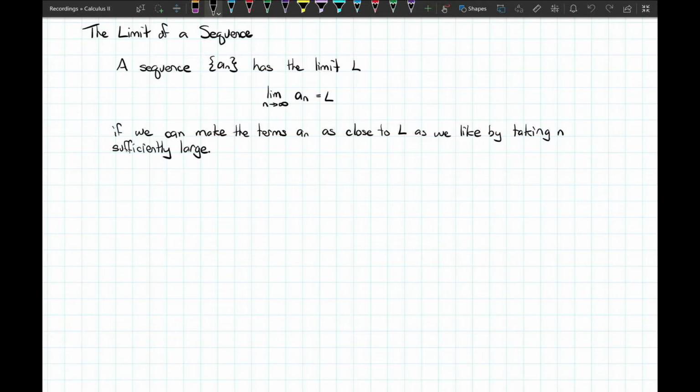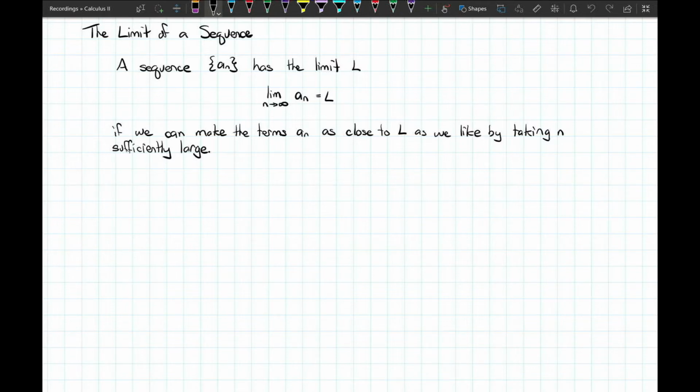And since we're really referring to infinite sequences here, we're going to be taking the limit as n goes to infinity. We say that the limit as n goes to infinity of a_n is equal to L to mean that we can make each term or each item in that sequence get closer and closer to L. We can make it as close to L as we like by taking n to be a sufficiently large index.